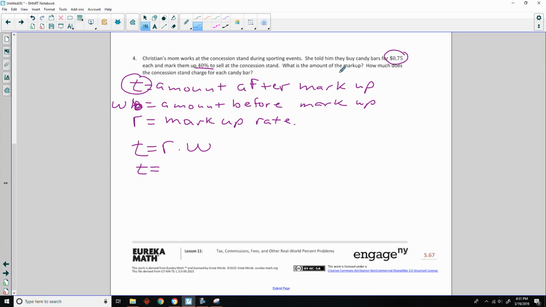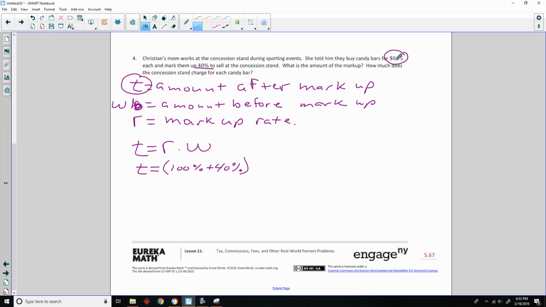Now, they have to buy the candy bars. So they buy the candy bars for 100%, and they add 40% markup to them. Let me do percent first. Let me write it like this: 100% plus 40% times the whole, which is 75 cents.